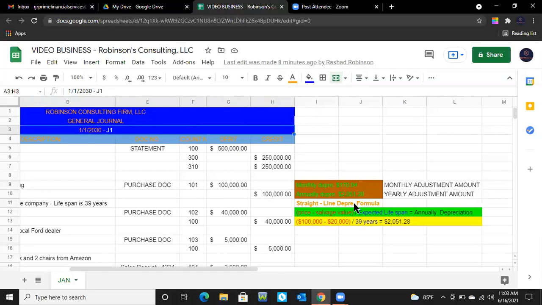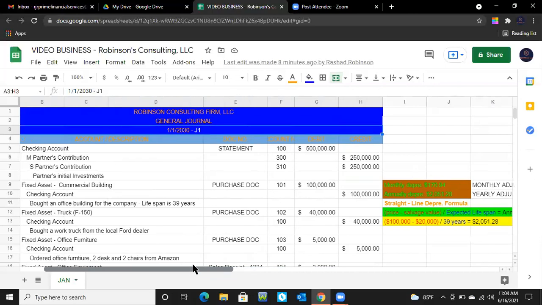That is your annual depreciation for the commercial building. If you wanted to do it monthly, you'll just take the $2,051.28 divided by 12 for each month, and you get a monthly depreciation of $170.94. And that'll be created as an adjusting journal entry at the end of each month or at the end of the year.